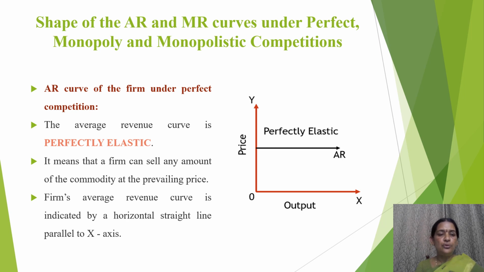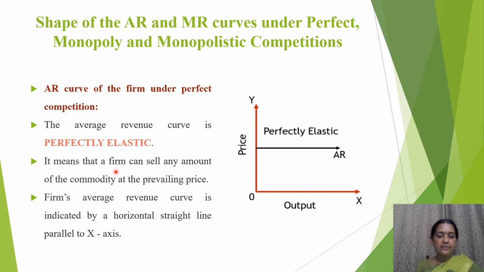Then we will move on to the shape of the average revenue and marginal revenue curves under perfect competition, monopoly and monopolistic competition. AR curve of the firm under perfect competition. The average revenue curve is perfectly elastic under perfect competition.